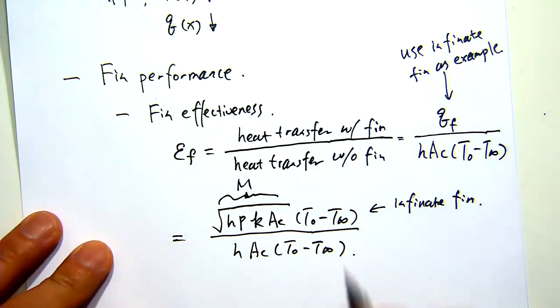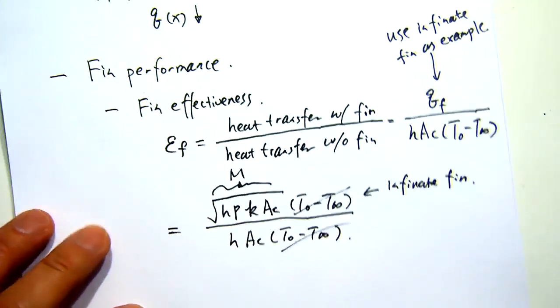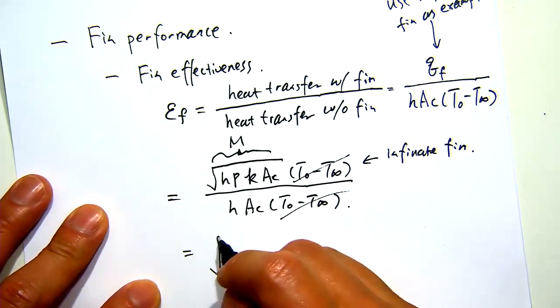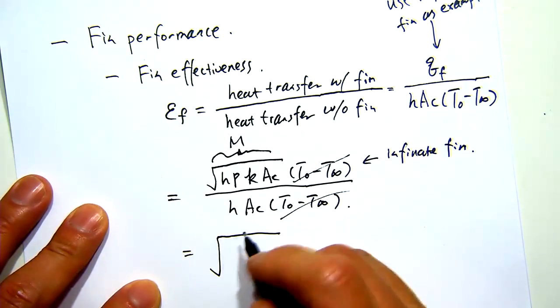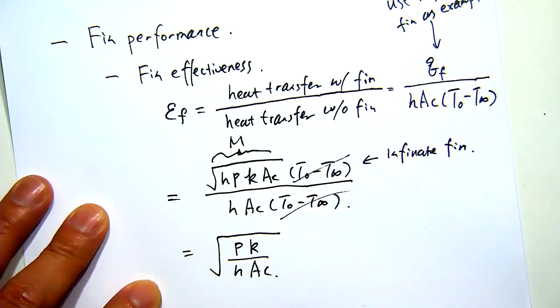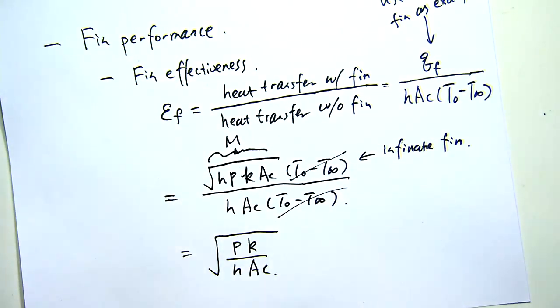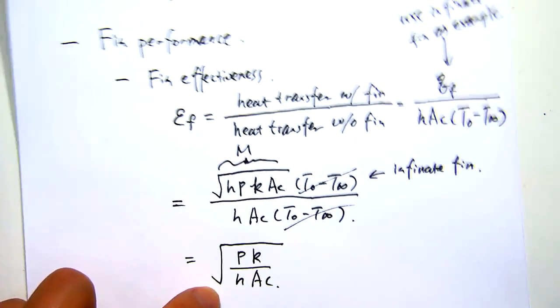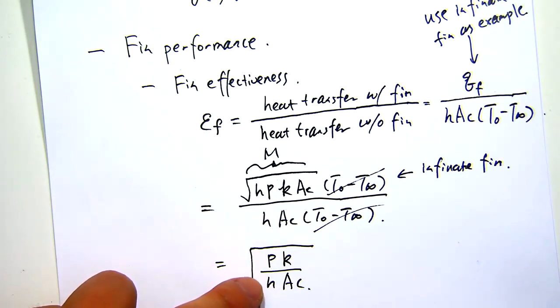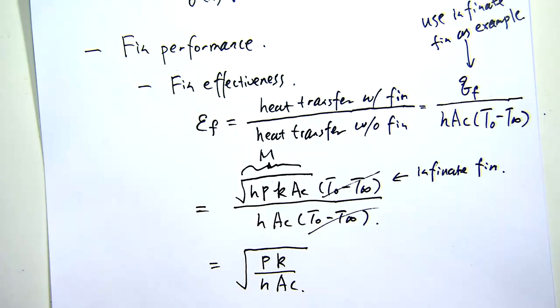All right, so these two got cancelled, so that's no problem. And then we end up with P, k, and h A_c. So those are the 4 parameters which are directly related, some related to the material of the fin, some related to the geometry of the fin, and some related to the ambient convection coefficient.